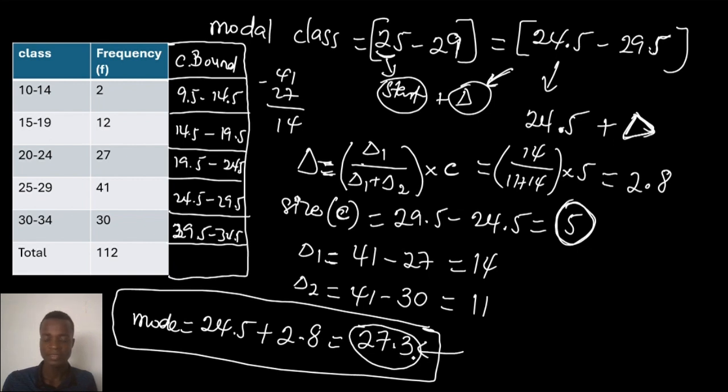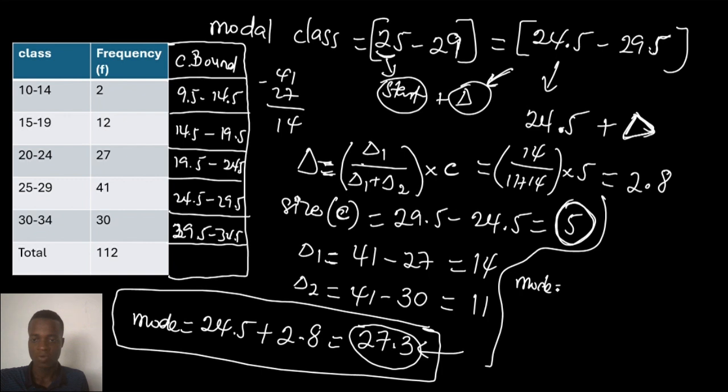Generally speaking, if you want to find the mode, let me write the formula for you here. Mode is equal to the lower class boundary plus a proportion of the class size. That proportion of the class size is change 1 over change 1 plus change 2.